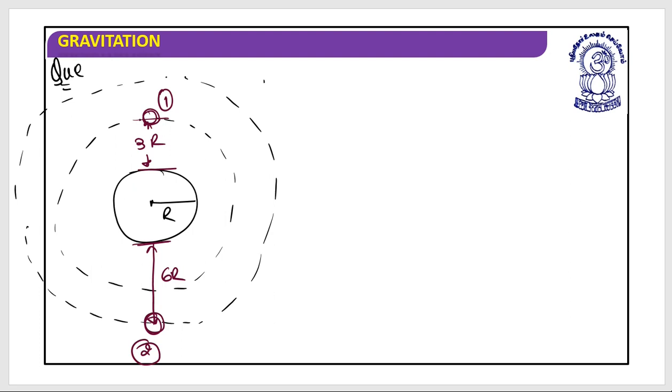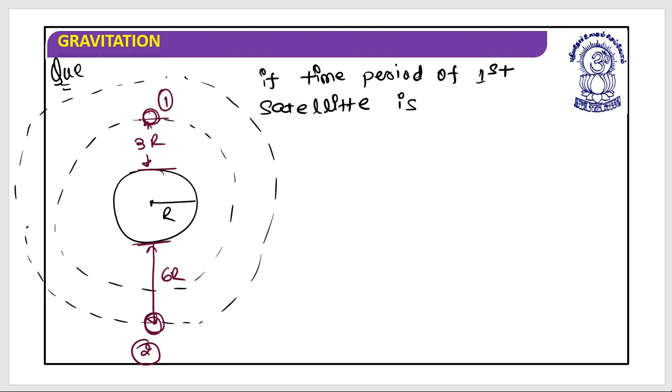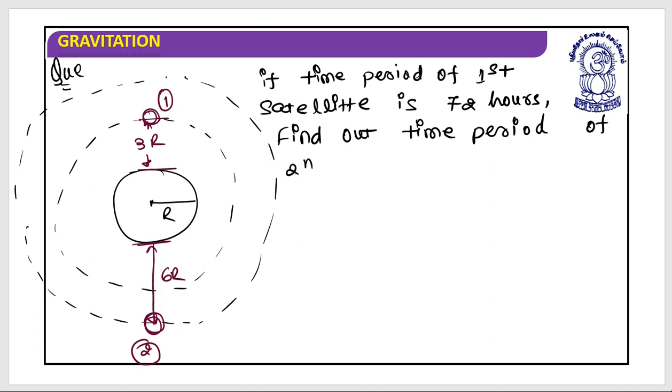They say that if the time period of the first satellite is, let's say, 72 hours, find out the time period of the second satellite.